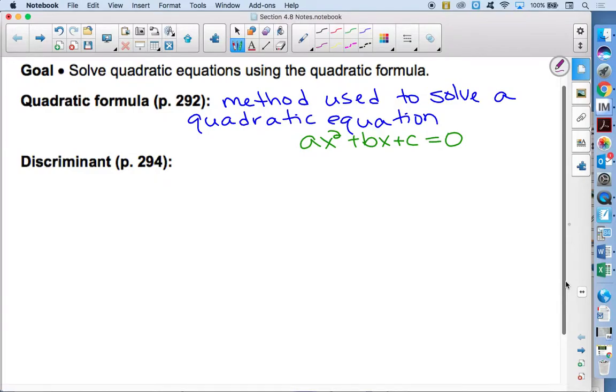All right. So the other term underneath here is called a discriminant. And the discriminant, once we look at that, tells us how many solutions a problem has and the type of solution that they are.